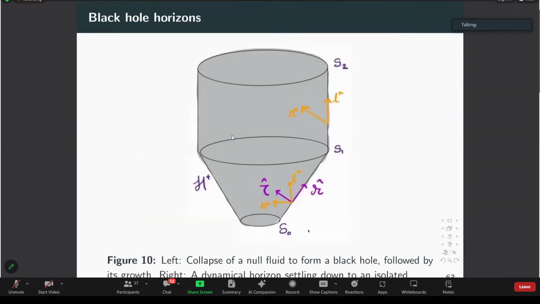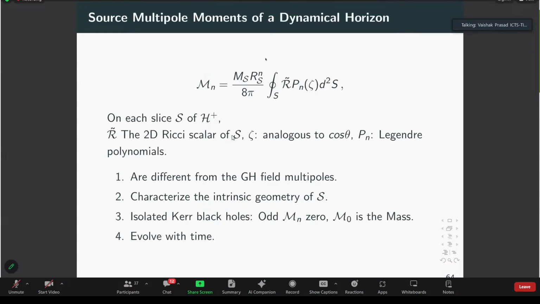We want to do this using dynamical horizons, and we do this using the source multipole moments. Remember, we talked about source multipole moments. There are two sets of numbers, mass, which is shown here, and spin, which is not shown here. These mass multipole moments characterize the state of geometry of dynamical horizons.